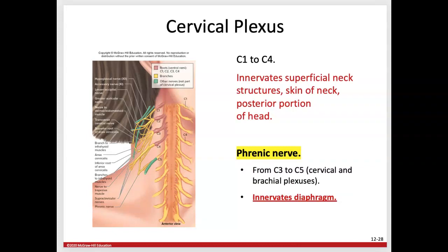And then here is the cervical plexus, and you can see coming off the neck, we have this grouping, this intermingling, this kind of braided together grouping of nerves.